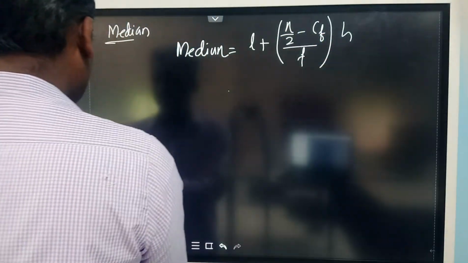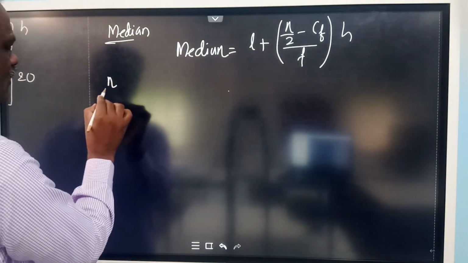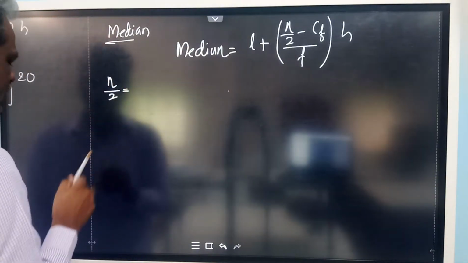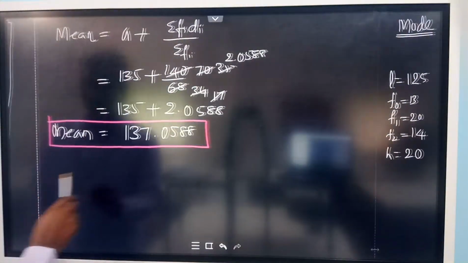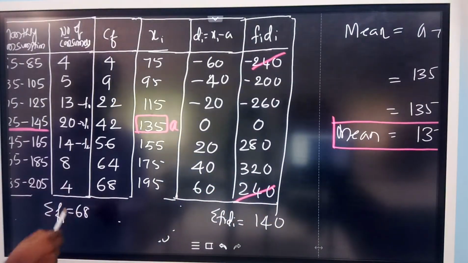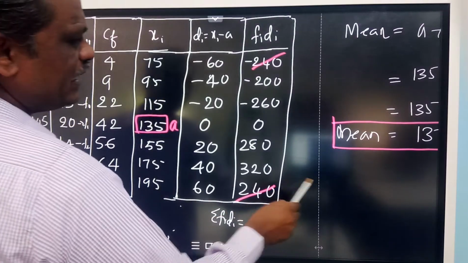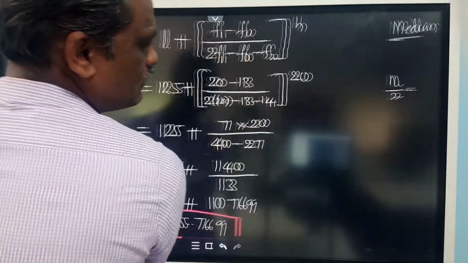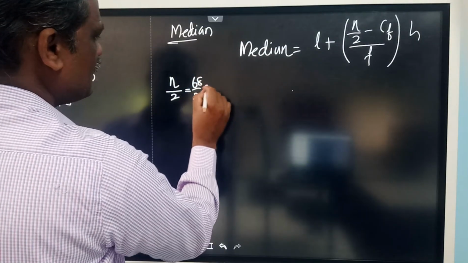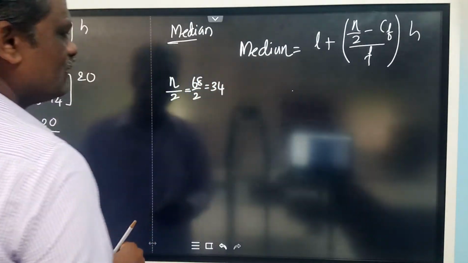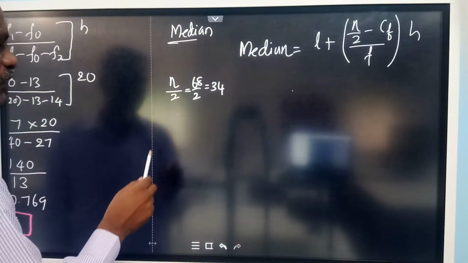Here the median class you have to find by dividing n by 2. n is the total frequency, the sum of the frequencies, which is 68. 68 divided by 2 is 34.